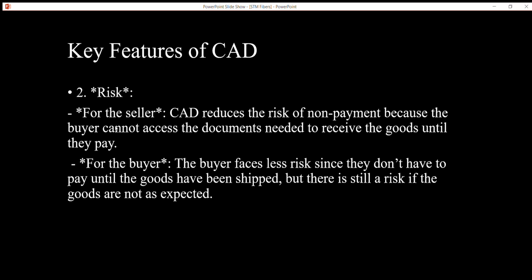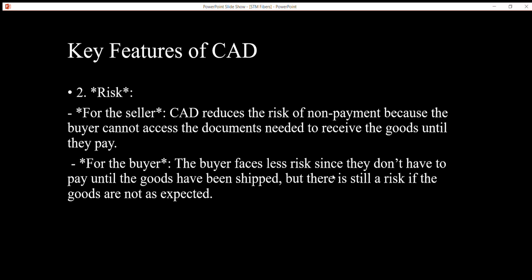For the buyer, there is less risk since they do not have to pay until the goods have been shipped.